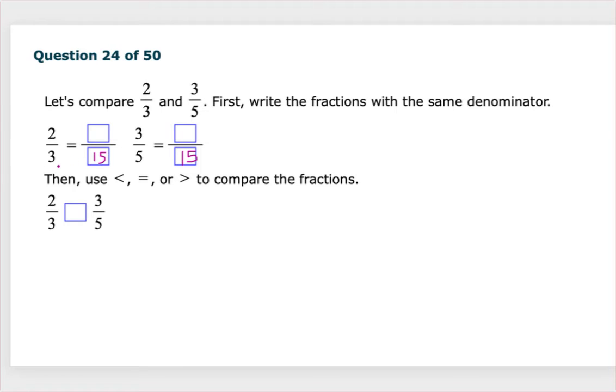So here we're multiplying by 5. We multiply this by 5 and we get 10. We multiply this one by 3 and we get a 9. Okay, so 10/15ths, 9/15ths. Which one is greater?